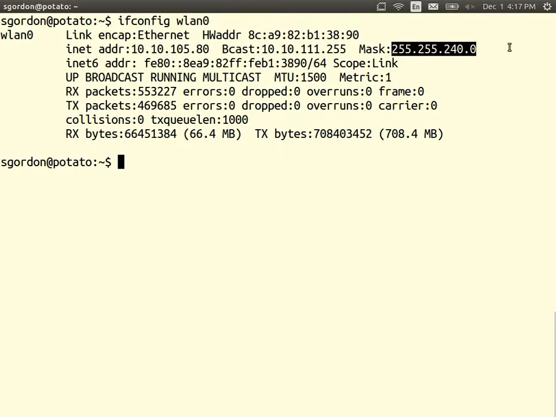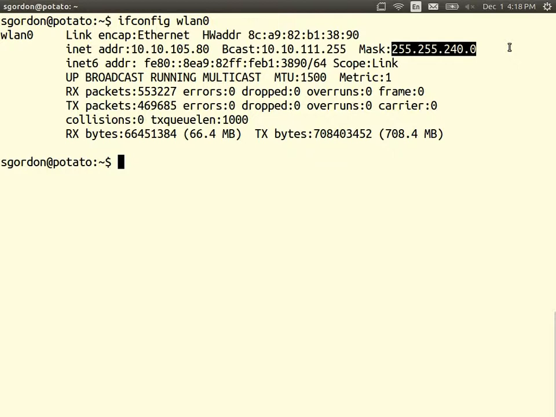The subnet mask is 255.255.240.0. Let's write those two addresses in binary: the IP address 10.10.105.80, and the subnet mask 255.255.240.0.